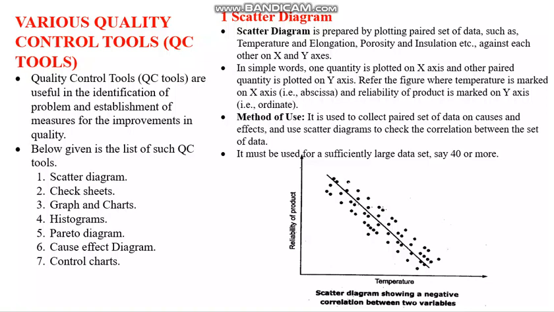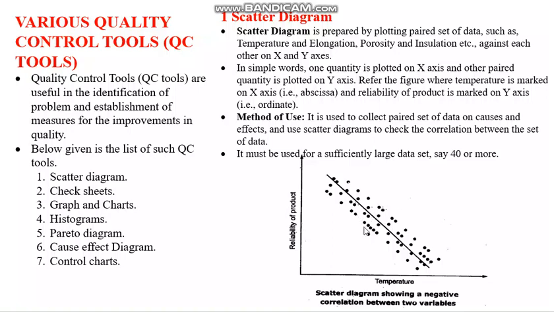So you will find out the correlation between these two paired data. It should be used for a sufficiently large data set. Here they're saying at least more than 40 readings.